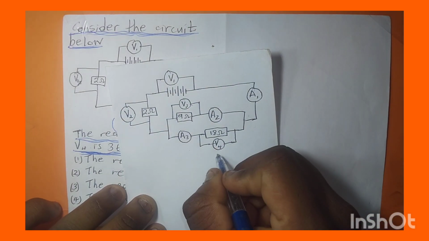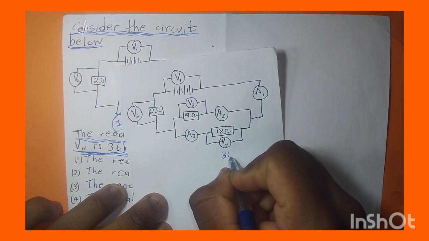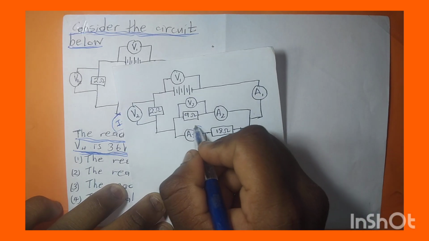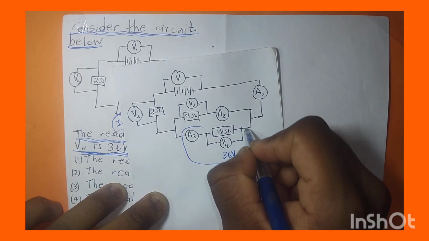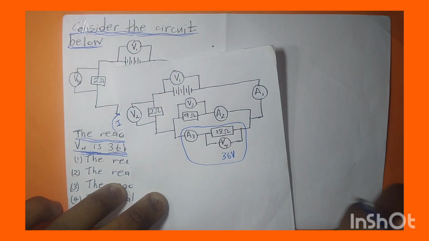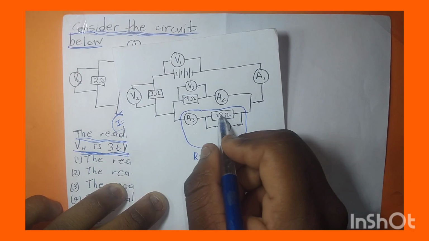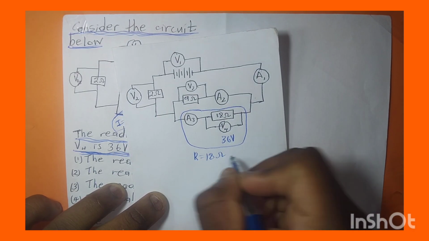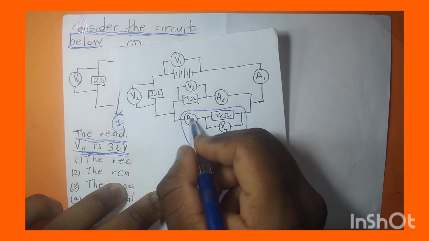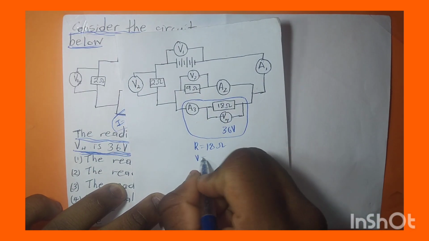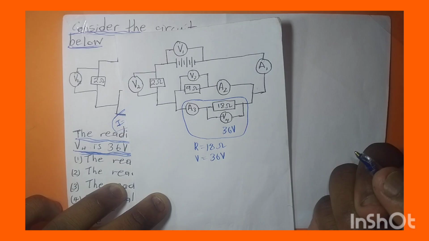Here it's 36 volts, but if I only focus on this component, I'm given a resistor, which is 18 ohms, and a voltage, which is 36 volts.